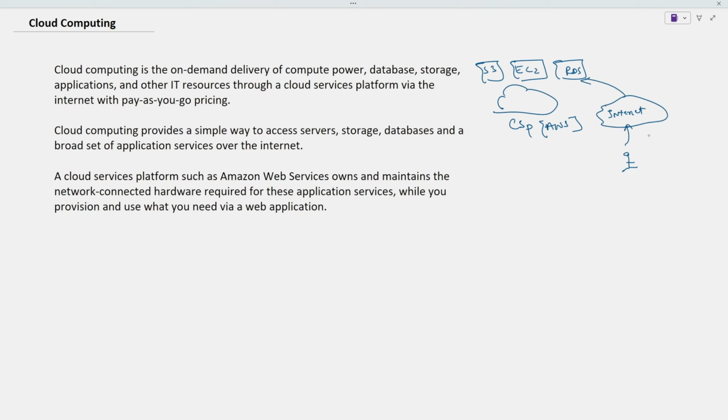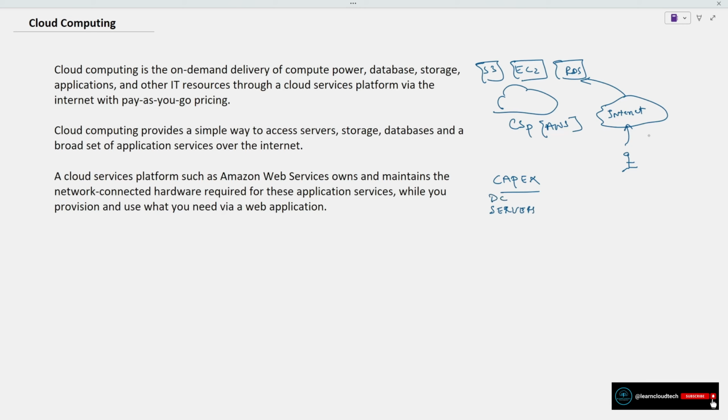And when it comes to cloud computing, in traditional or legacy environment, we have something called capex environment, which is nothing but we have to invest capital, spend a lot of money onto the servers.